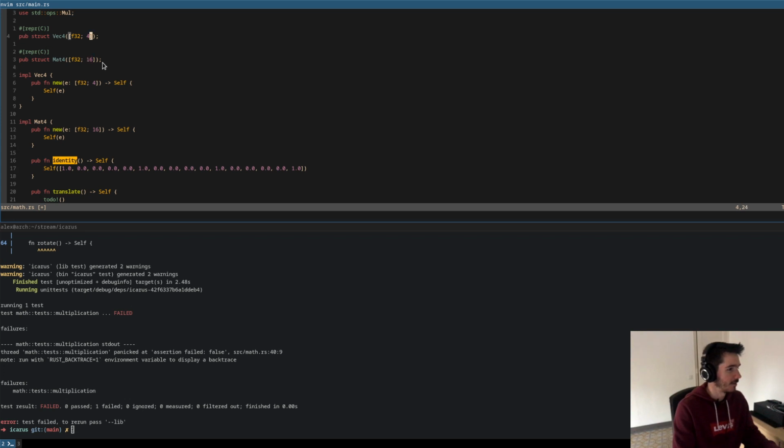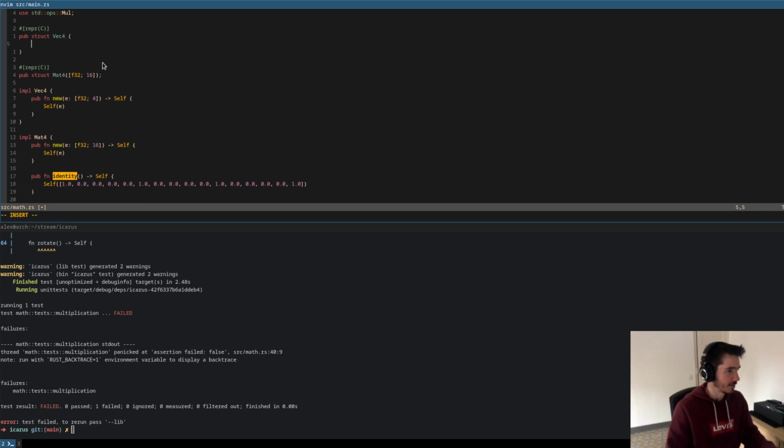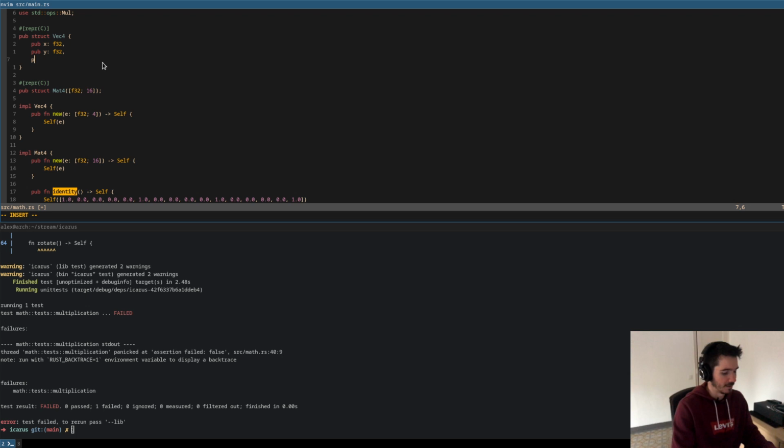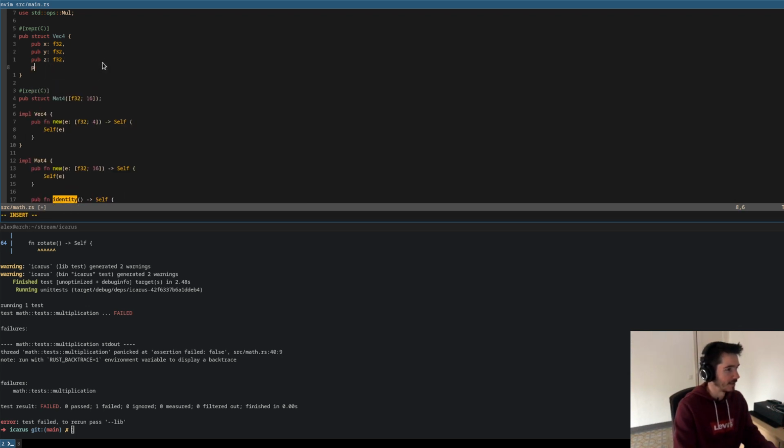And the vector 4, I'm gonna replace it by a real structure, which is gonna be x, y, z. This is gonna be way easier, and w.